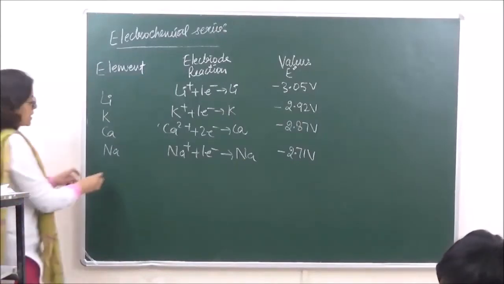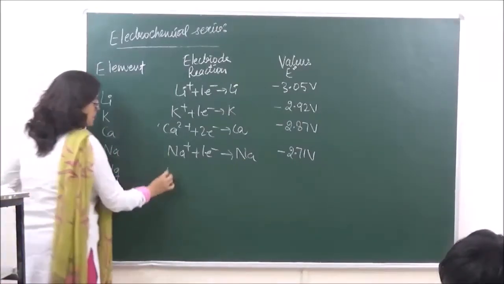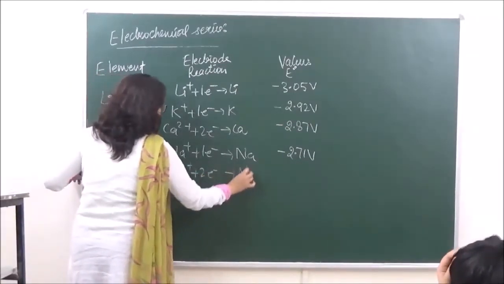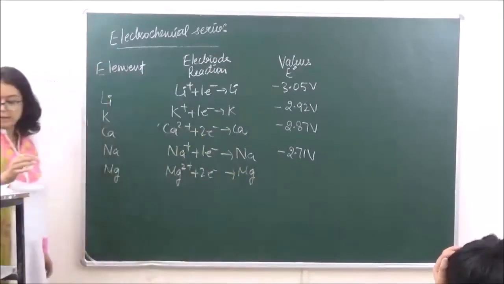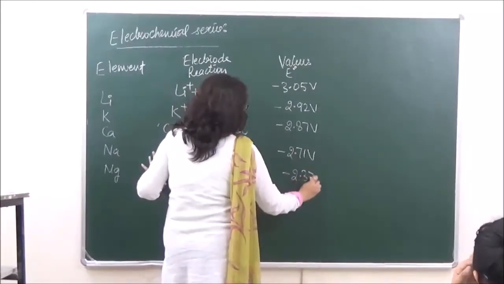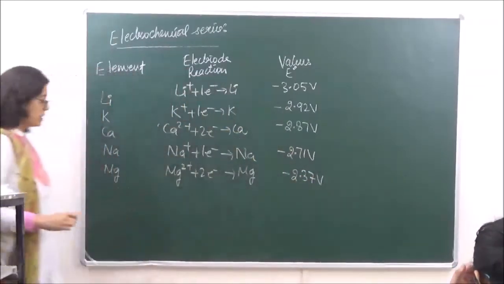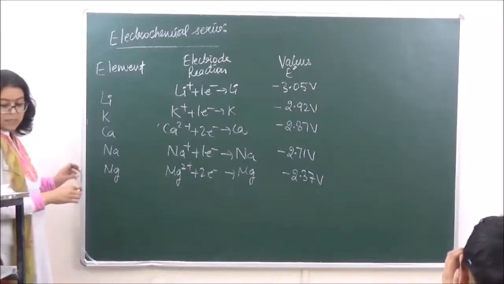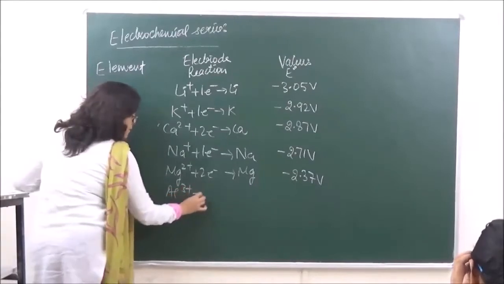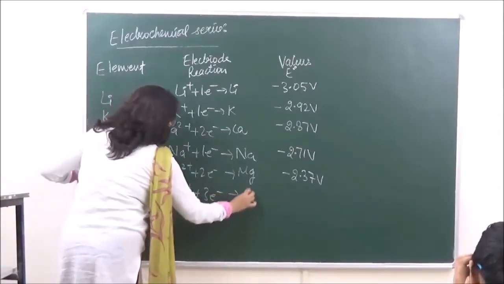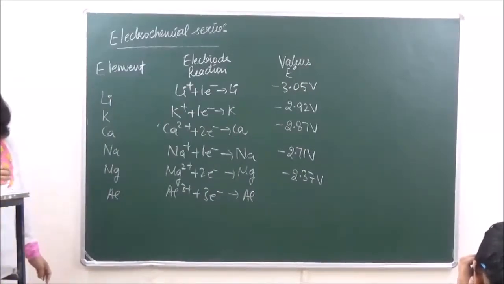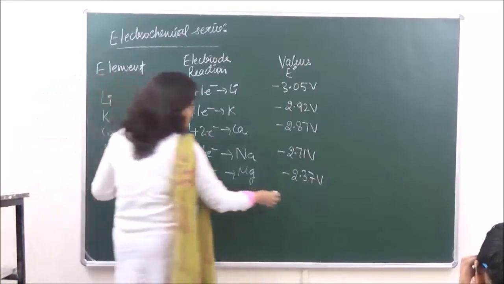After sodium is magnesium: Mg2+ plus 2 electrons to give us magnesium, with the value minus 2.37 volt. Then after magnesium is aluminium: Al3+ plus 3 electrons to give us aluminium, and the value is minus 1.66 volt.